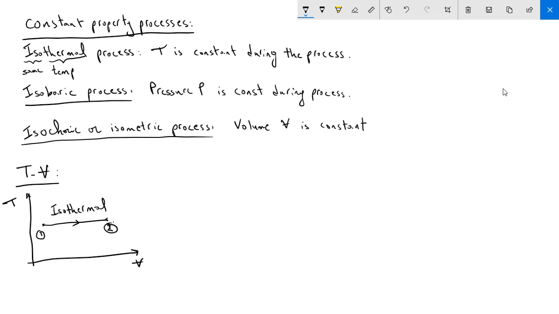For the two other examples, we talk about a PV diagram. An isobaric process, this is P and this is V. An isobaric process is also a process where the pressure is held constant.